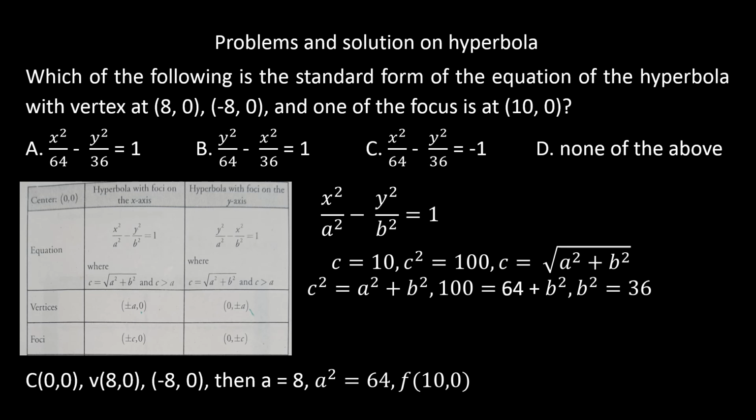So 100 minus 64 is 36. That is the value of b squared. So our answer is x squared over 64 minus y squared over 36 equals 1. Therefore the answer is letter A.